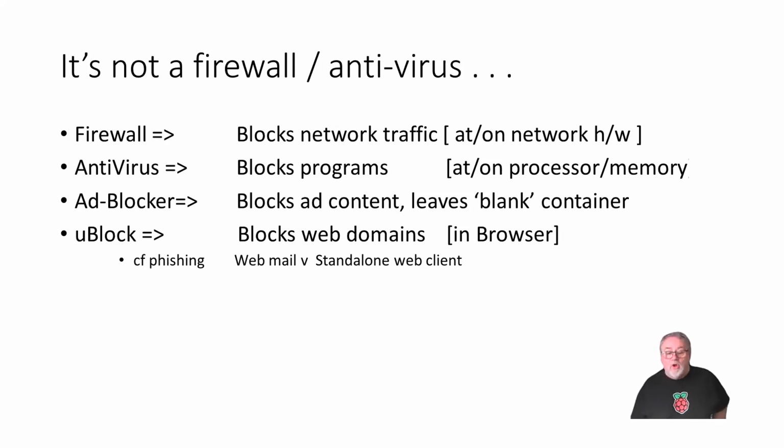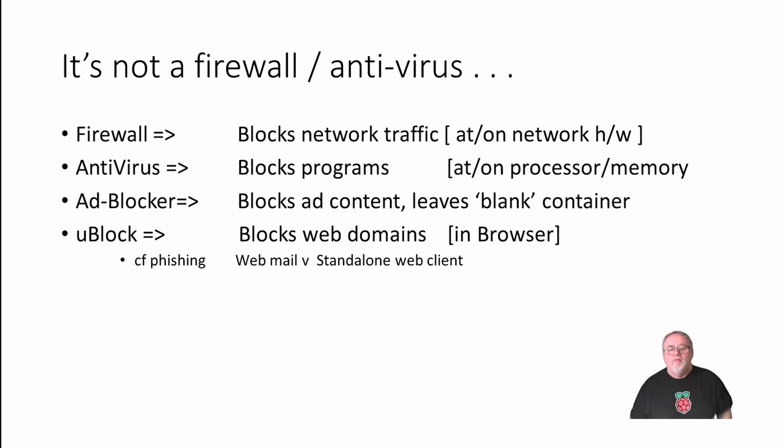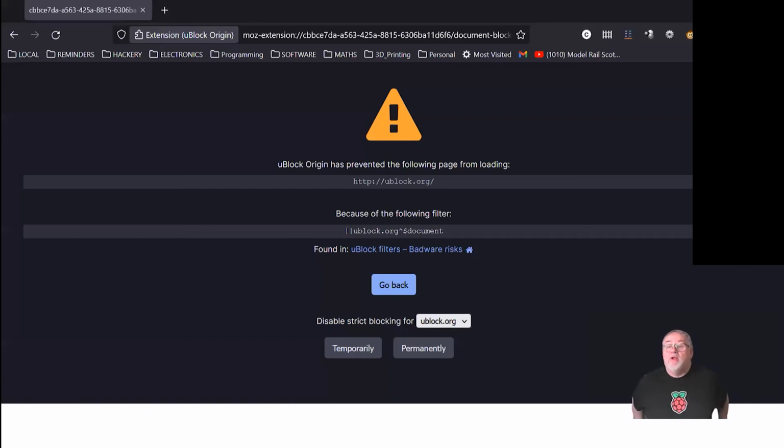The thing's called uBlock Origin, and somebody's put up a web page with dodgy stuff on it called ublock.org. If you're not informed about it, then you might go to ublock.org. But if you try to go to ublock.org and uBlock is up, it'll stop you going to pages that it knows are duff, including the one that looks like itself. So it's a really, really useful wee tool.